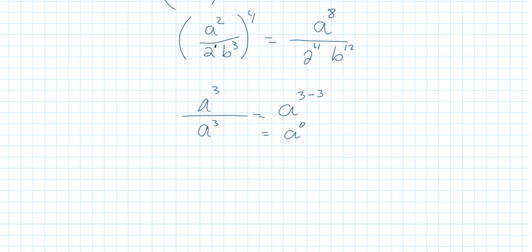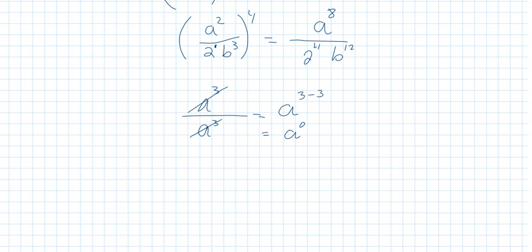Okay? If you forget about the exponent law and you're dividing something by itself, what do you get? 1. Right? If I have 10 chocolate bars and there's 10 of you, each one will get 1, because 10 divided by 10 is 1. Yes? I have a to the power of 3 divided by a to the power of 3. Technically, these cancel and they give me 1.